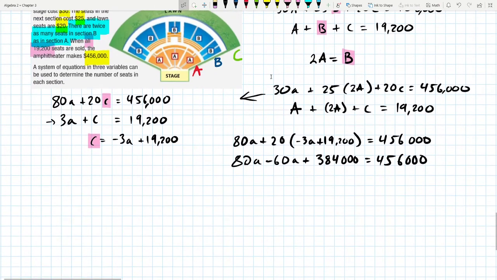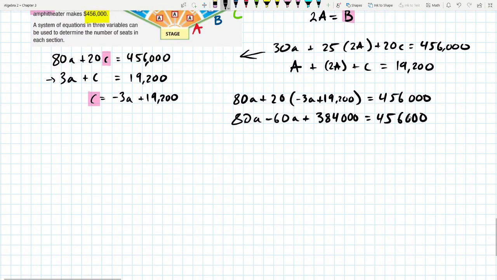Scroll down and give myself a little bit more space to work with. And I keep solving the equation down. That's 20A plus 384,000 equals 456,000.